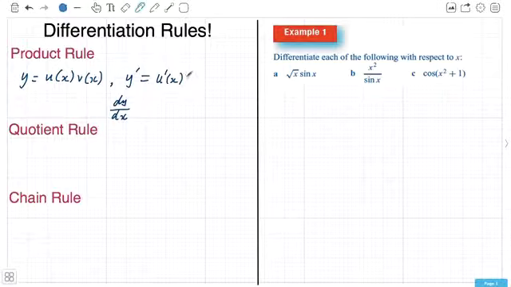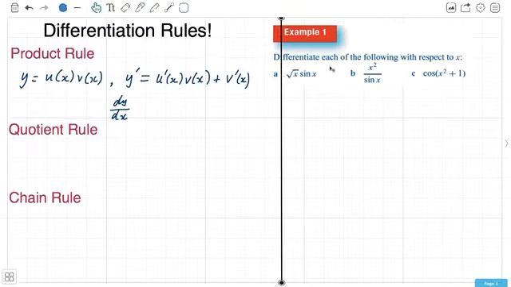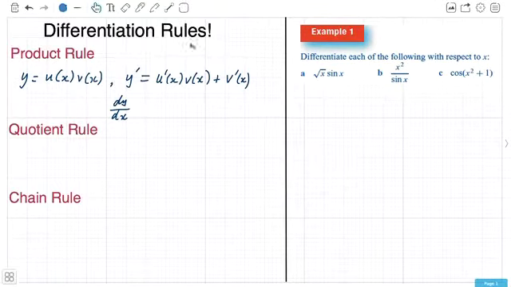So u dash v. So what that means is differentiate the first function, times it by the second function, plus differentiate the second function, times the first function. And the other way you can look at it more simply is u dash v plus v dash u.